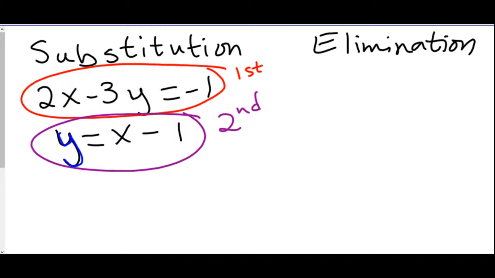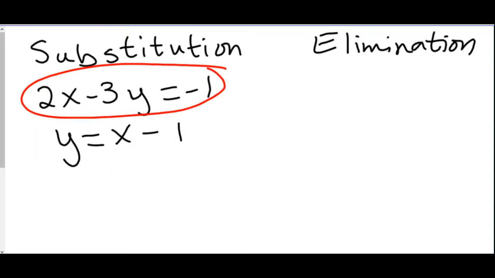And on the second equation, the reason we don't include x, even though it doesn't have a number in front, is that it does have this minus 1 to the side. We like the letter y because it's the only thing all by itself on one side of the equal sign. It's the only thing on the left side of this equal sign, and it doesn't have a number written in front. There is the invisible 1 there, but it's not written in.